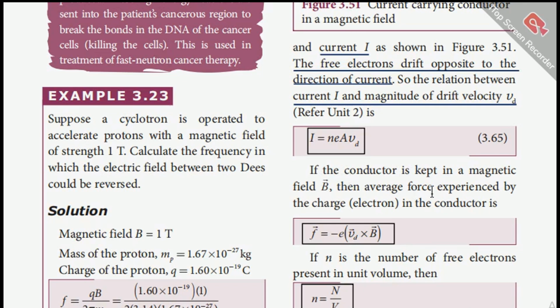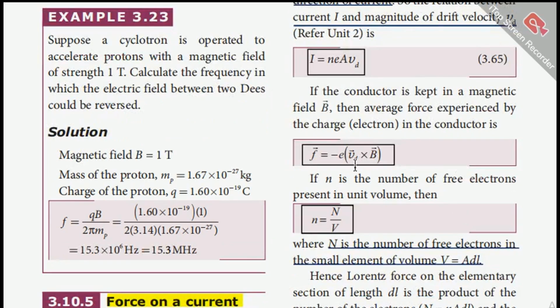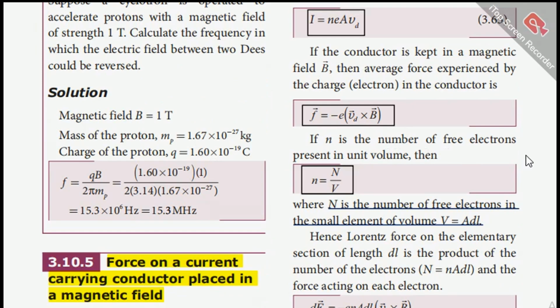And if the conductor is kept in a magnetic field B, then the average force experienced by the charge, in this case the electron in the conductor, is given by F equal to minus e vd cross B. If n is the number of free electrons present in unit volume, then n equal to N by V. This capital N is the number of free electrons in a small element of volume V, that is given by A dl.